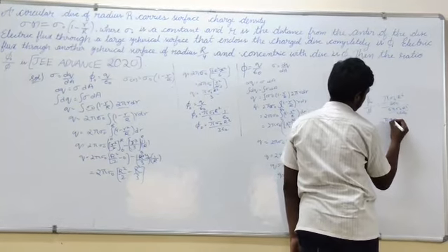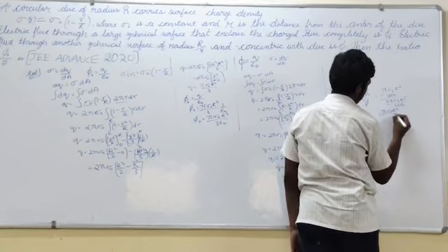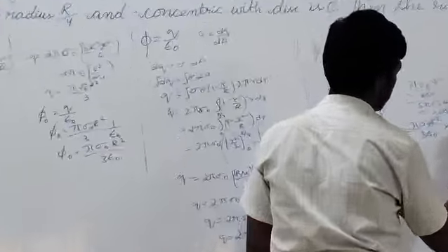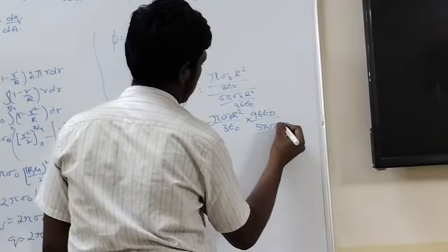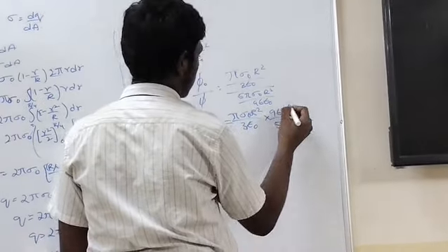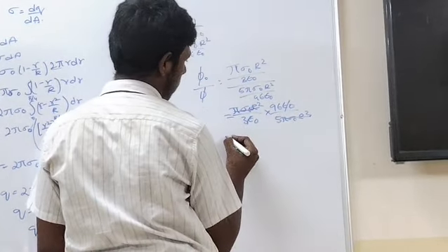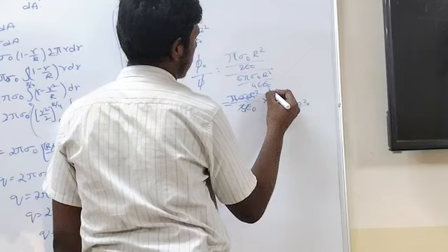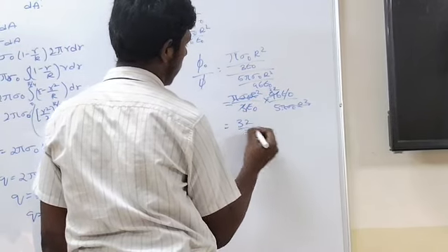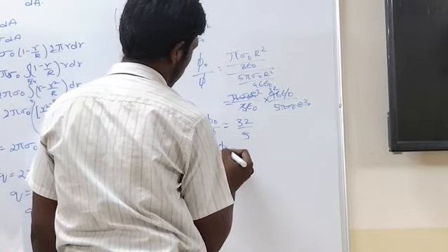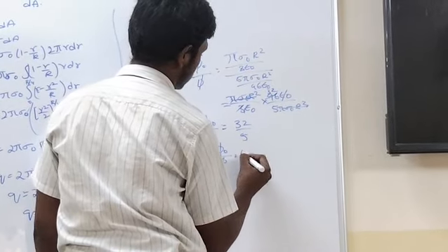Now 96 epsilon naught will go, and epsilon naught will be cancelled, pi sigma naught R square by pi sigma naught R square. 3 ones are 3, 32 by 5, so phi naught by phi is equal to 6.4. This is the answer. Thank you.